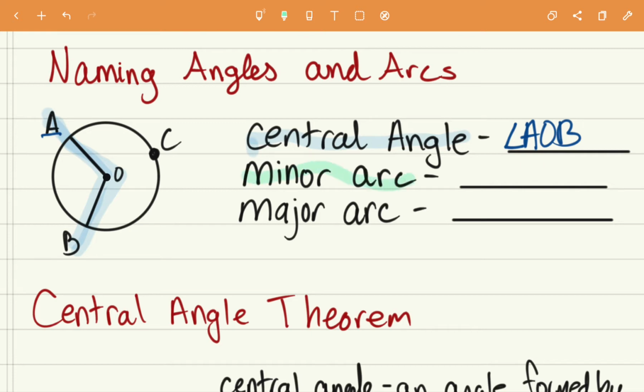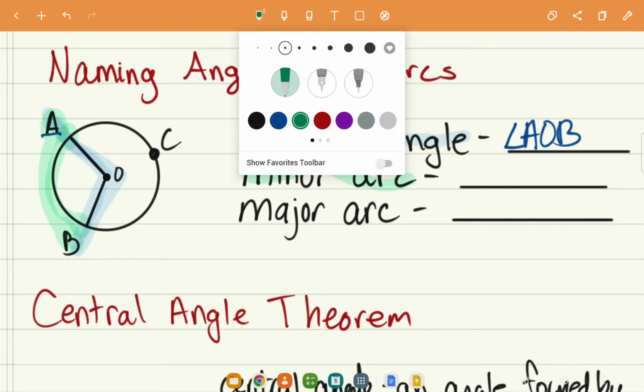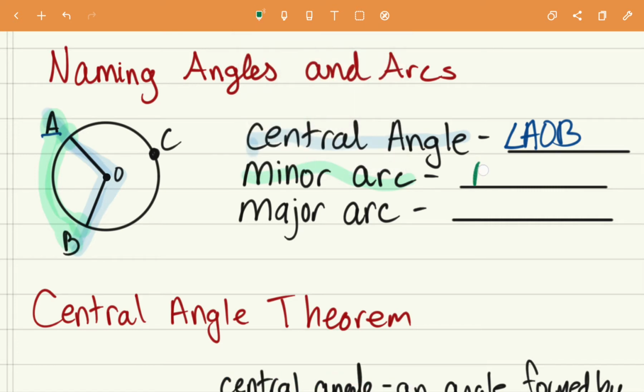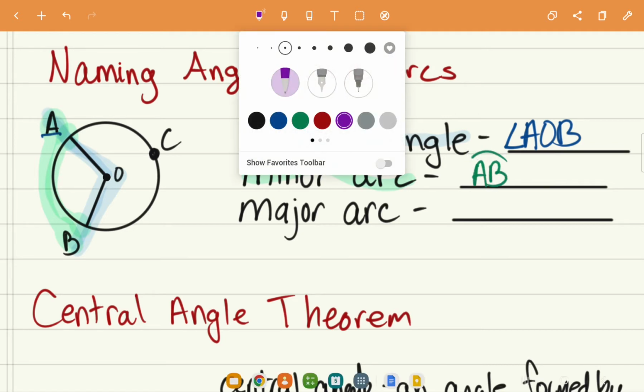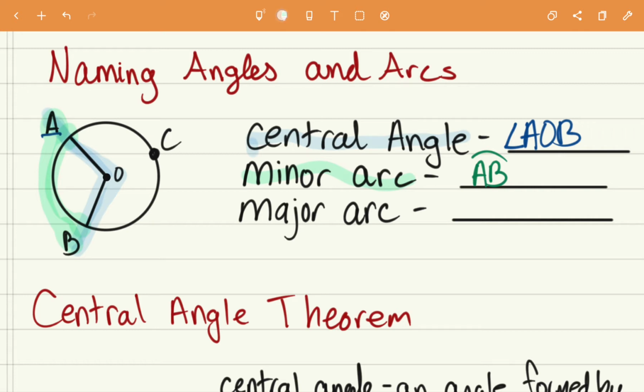Now let's look at our minor arc. Very similar. This would be our minor arc right here. We start at point A and then follow that to B. So in this case, our minor arc would be AB. Now, sometimes we'll want to differentiate that and figure out the major arc.